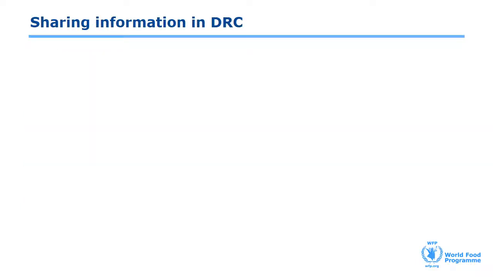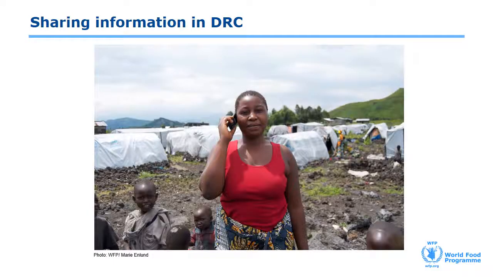The origins of the mVAM two-way communication system go back to an IDP camp in the Democratic Republic of Congo. Shortly after starting remote data collection, we realized that people in the camp were using the airtime credit incentive they'd received to call up the local WFP office and ask about upcoming food distributions. They'd also call relatives to get news from home and receive mobile money transfers.